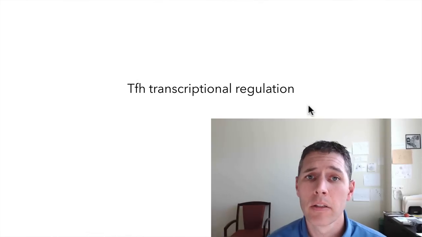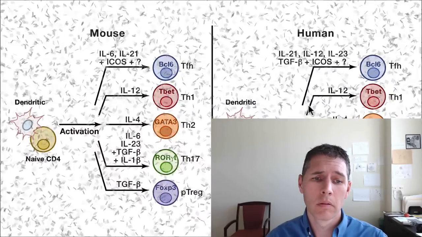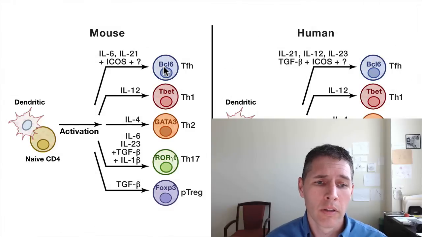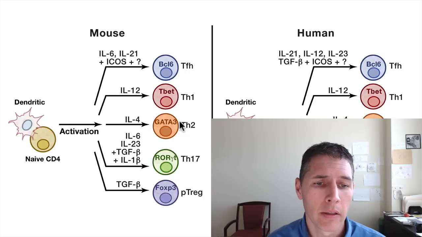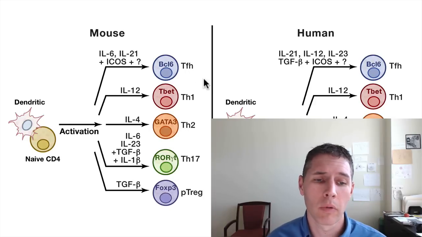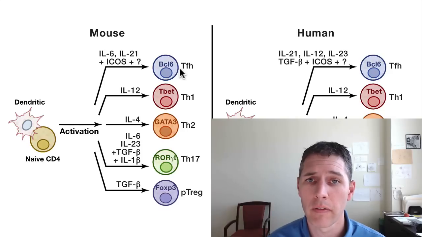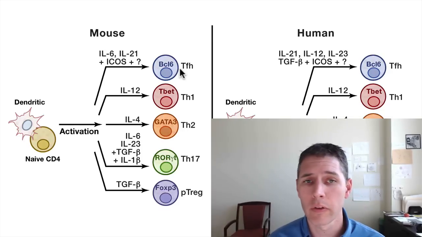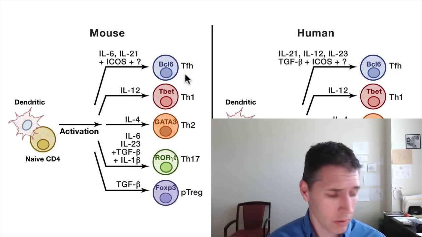The next topic is TFH transcriptional regulation. CD4 T cell differentiation is generally characterized by a distinct canonical transcription factor associated with each different outcome, and BCL6 is that transcription factor for TFH cells, frequently referred to as a master regulator transcription factor.